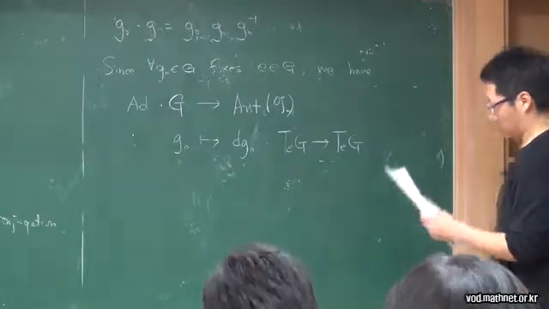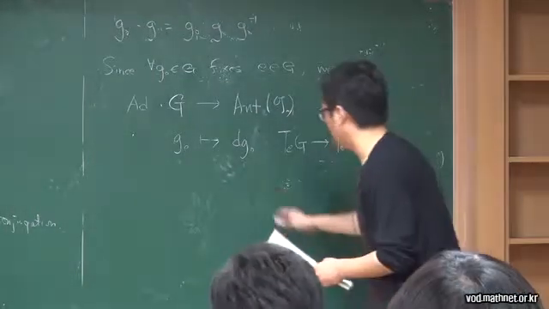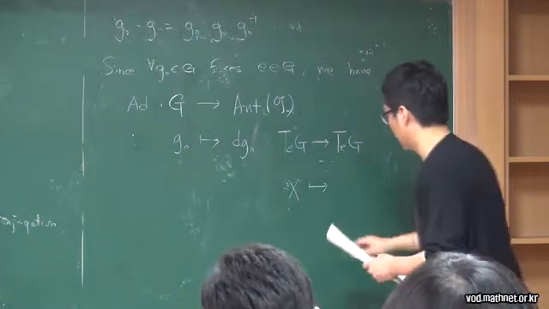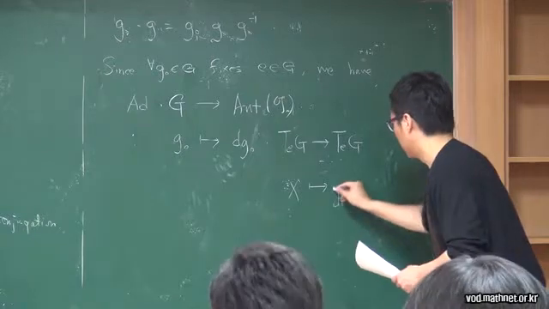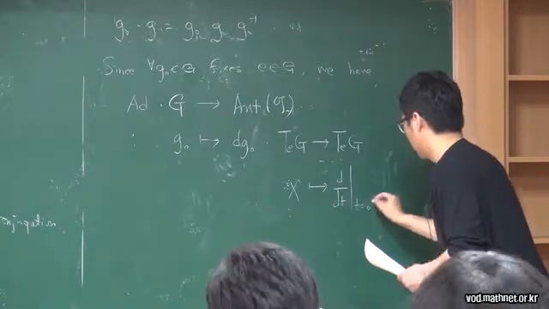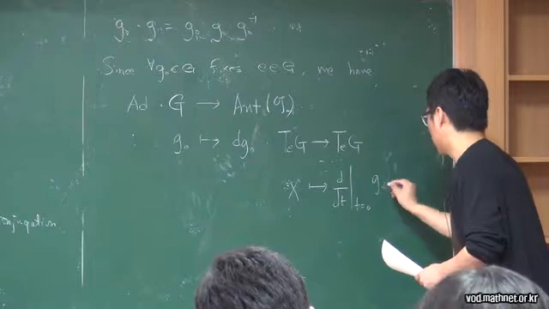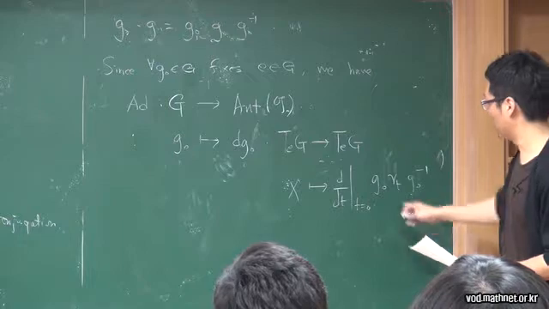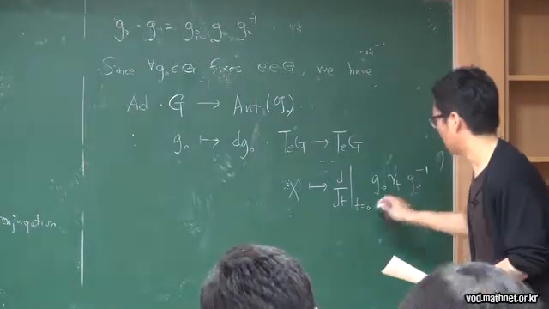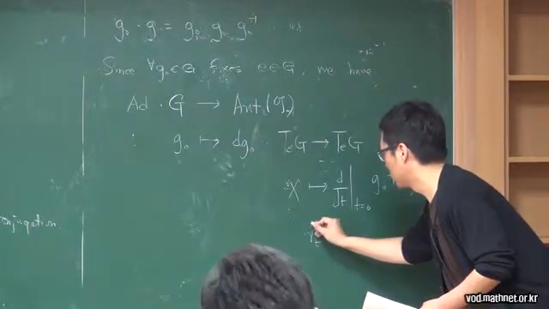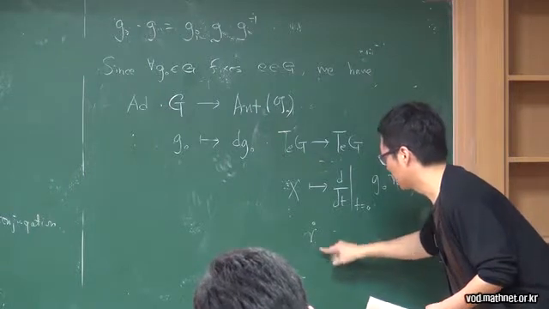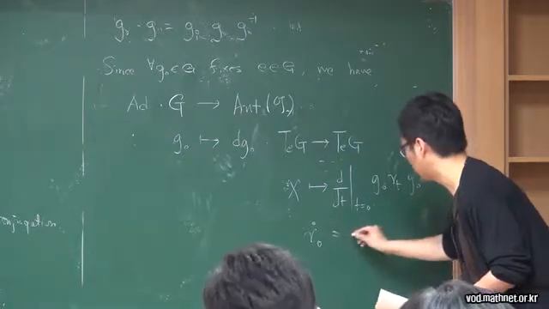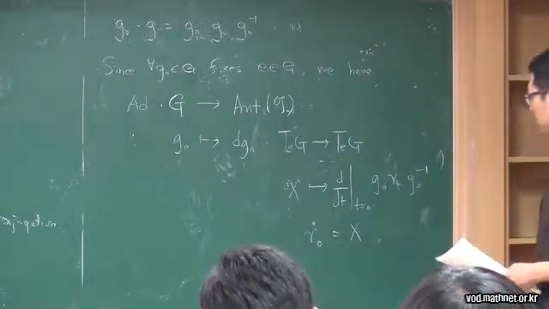So actually dg maps this vector x to d/dt of g0 gamma(t) g0 inverse, where gamma(t) is the flow whose tangent vector at time 0 is x.